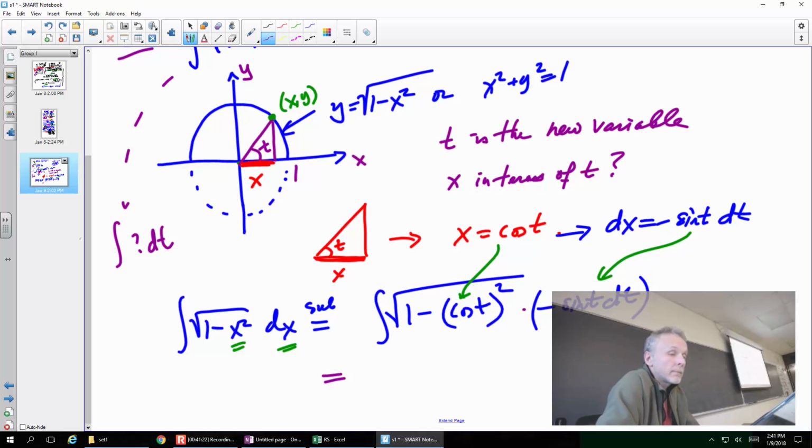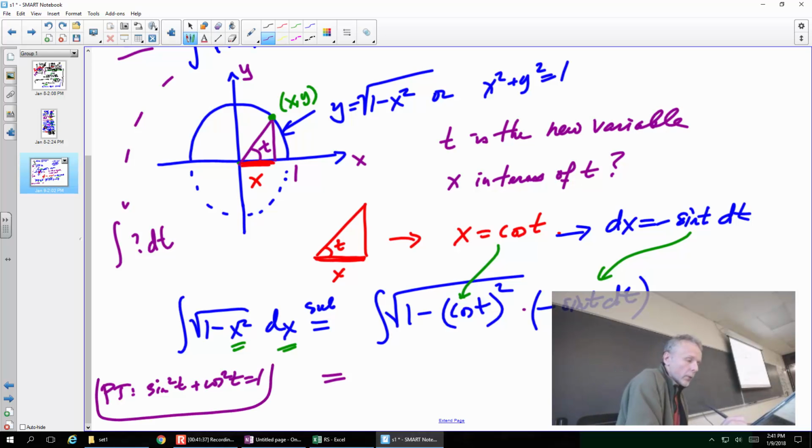It is, in fact, the Pythagorean theorem that says that sine squared t plus cosine squared t is equal to 1. The Pythagorean theorem with hypotenuse equal to 1 is the way to remember. It's the number one formula, by far, in the whole of trigonometry. Out of the hundreds of them, at least one you absolutely have to remember. That's the one we're using.